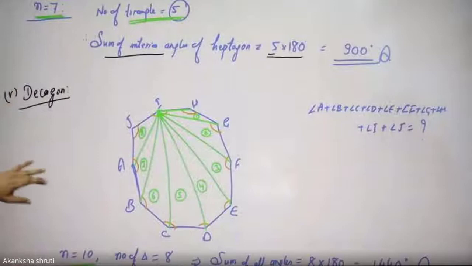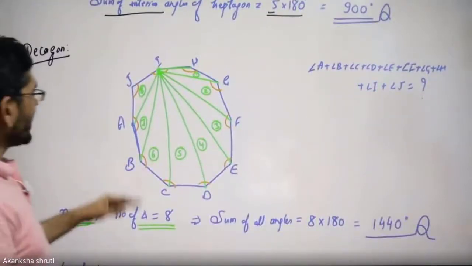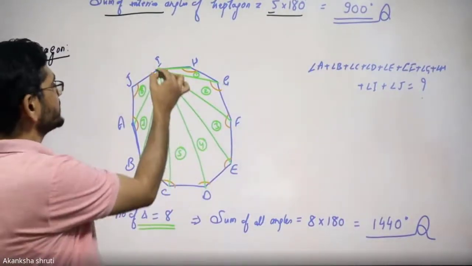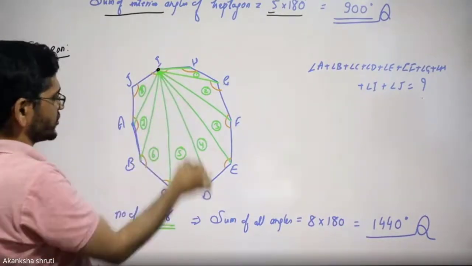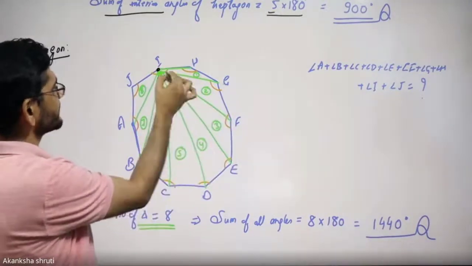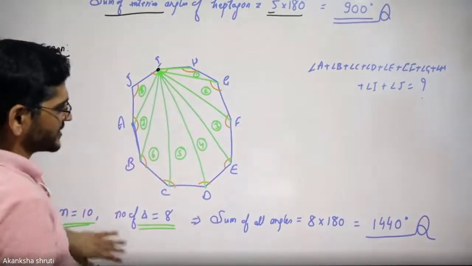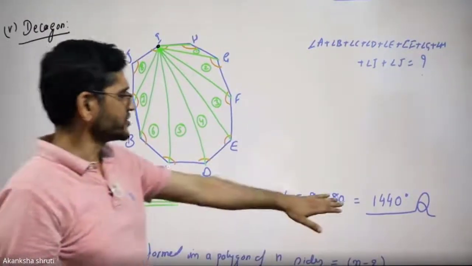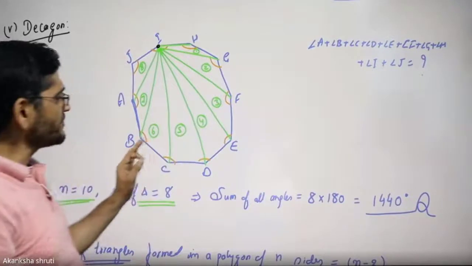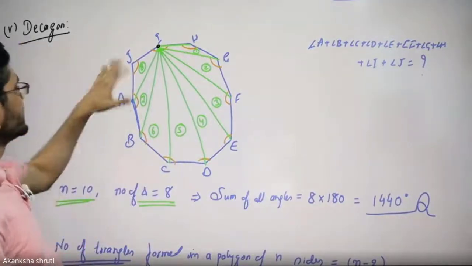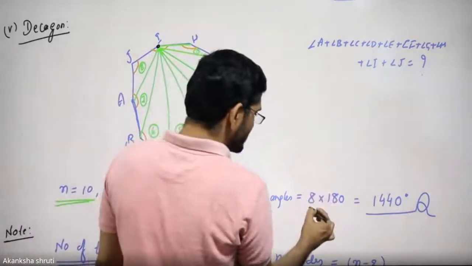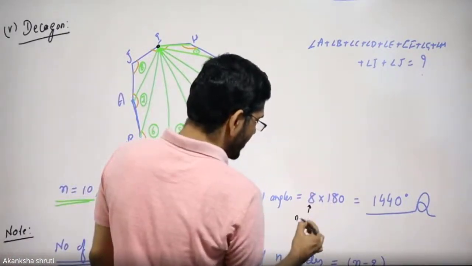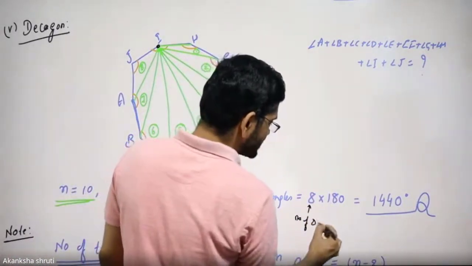Even if we consider the decagon, divide this decagon into possible triangles by joining the different possible diagonals. Count the number of triangles, multiply it by 180. So the number of triangles formed is nothing but the number of sides minus 2.